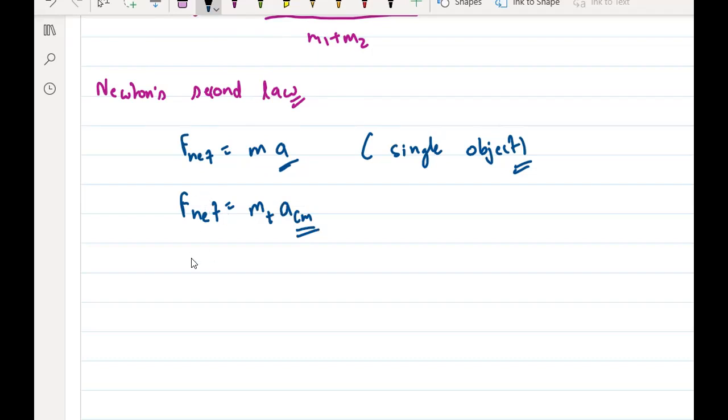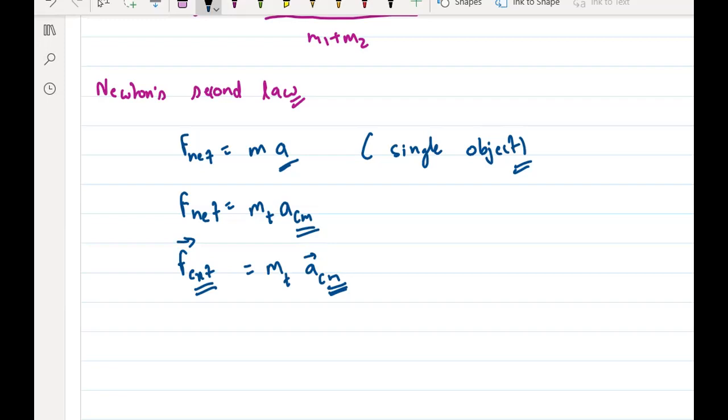And when you talk about F net, it is always F external. So F external can be written as M total into A center of mass. Obviously, this is a vector. Everyone is getting this concept?